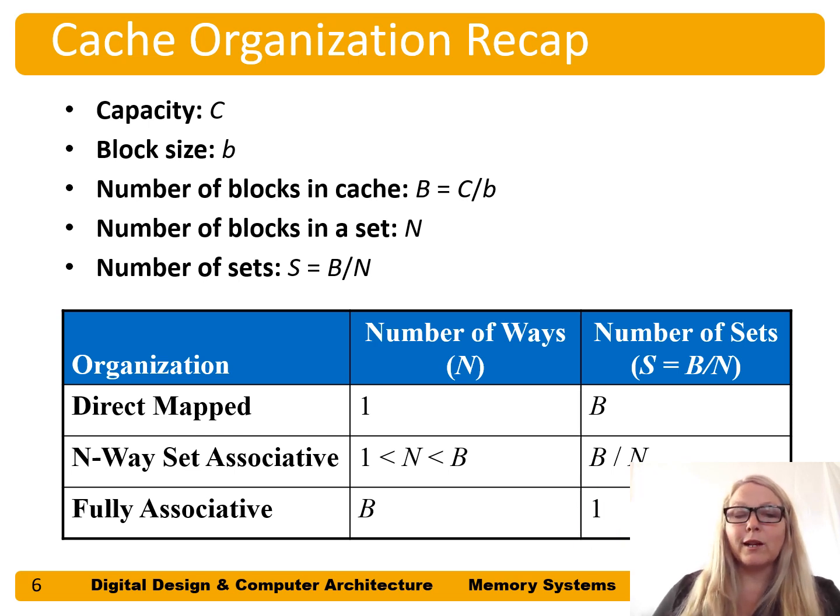So the number of ways for a fully associative cache depends on the number of blocks in that given cache. If it had 16 blocks, a 16-way associative cache is also called a fully associative cache. If it had 4 blocks, a 4-way associative cache in that given example would also be called a fully associative cache.